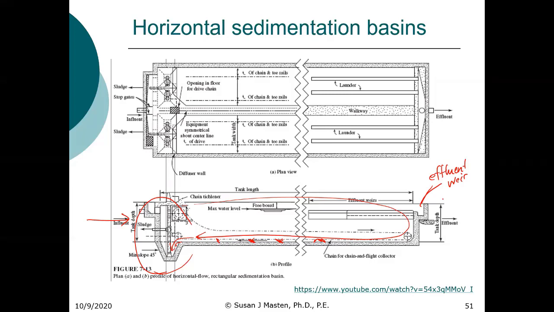If the water is flowing over these weirs into the launder, it flows then into a main channel and then on to the next process. So typically in a water treatment plant, that would be filtration. Why do we have the hopper near the inlet? Why not on the other end?